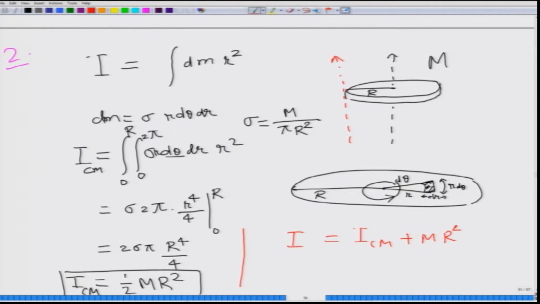So the inertia about this axis will be I CM, which is half M R square, plus M R square. So it will be 3 by 2 M R square.